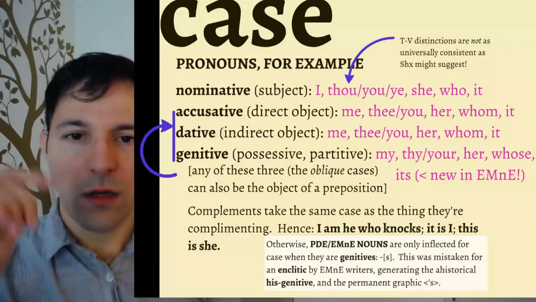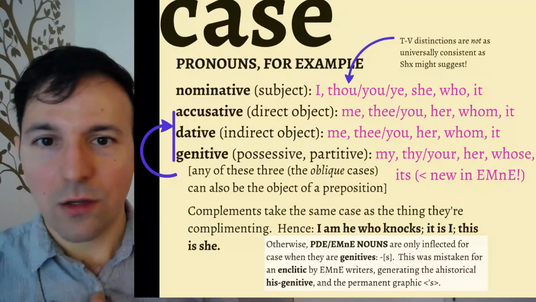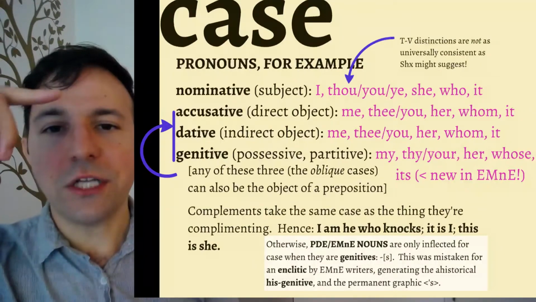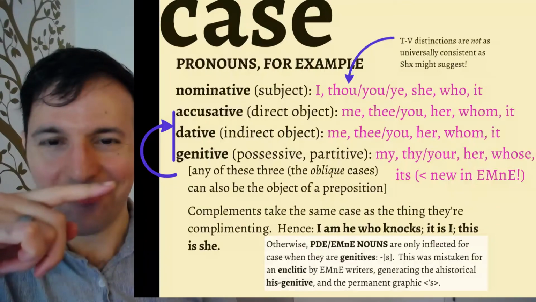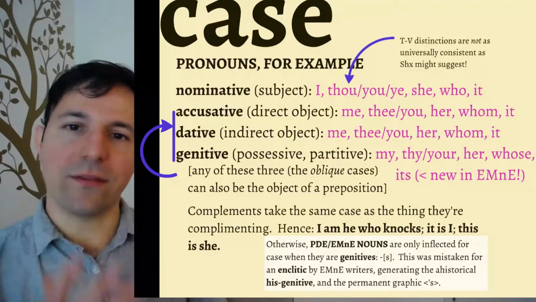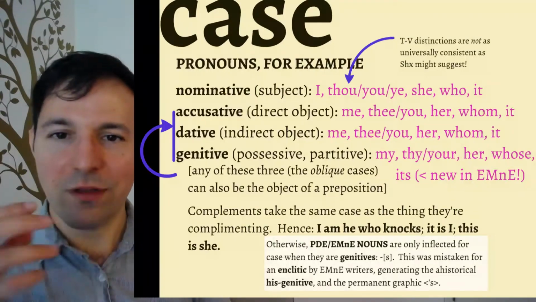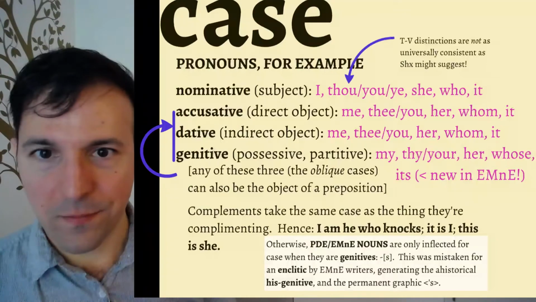So, we inflect the first person singular pronoun for case when we change it from I to me to my, right? If it's the subject in a sentence, I pet the dog, then we give it I. That is the nominative form.